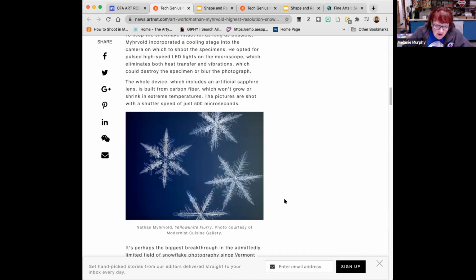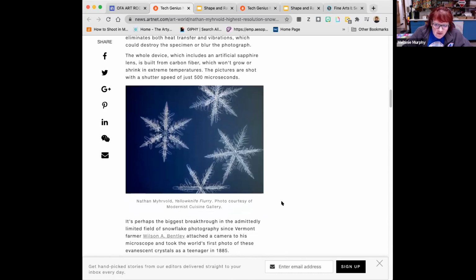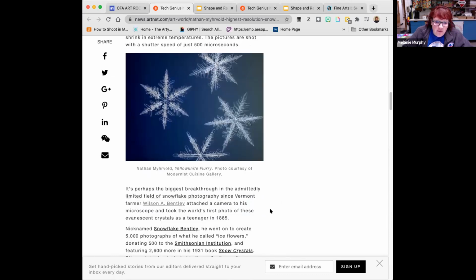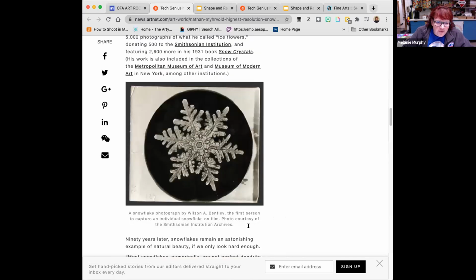And I wanted to show them to you because not only are they a great example of radial symmetry, but they are simply amazing.